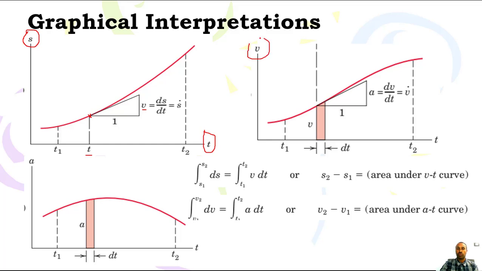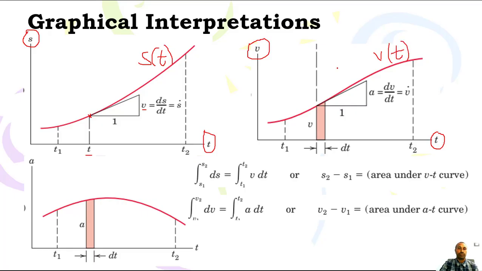Similarly, if you are given a velocity versus time curve, this is the velocity function, this is distance s of t, and this is v of t.